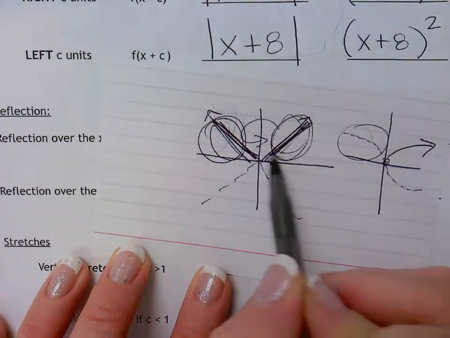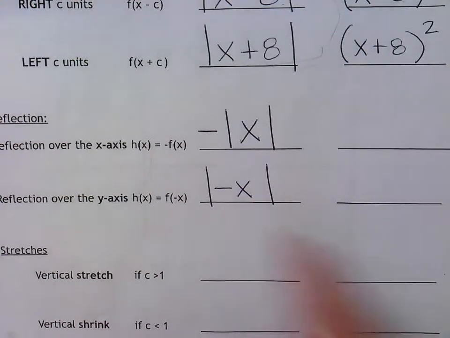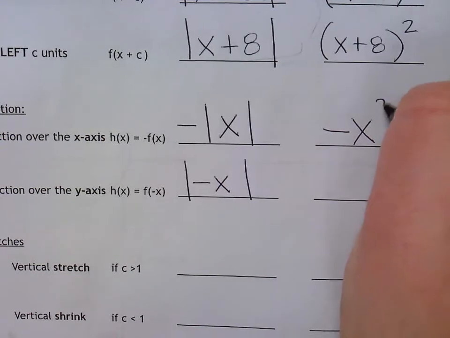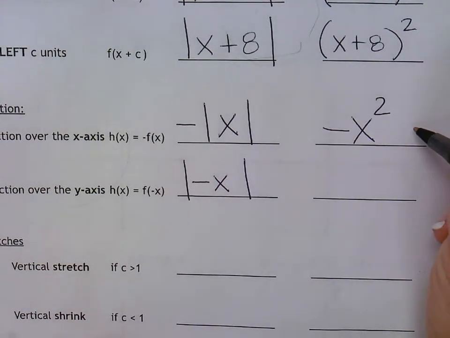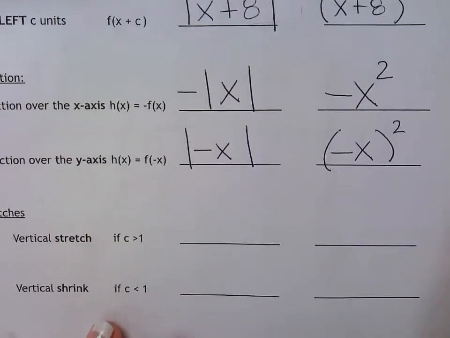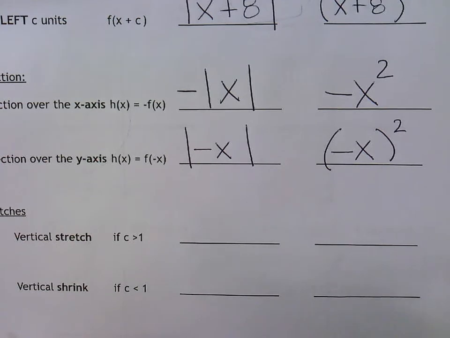So the x's are switching places, so you might not see it if there's symmetry. And then for x squared, it's negative x squared, or in parentheses, negative x squared. So you'll only see a change if there's not already symmetry.